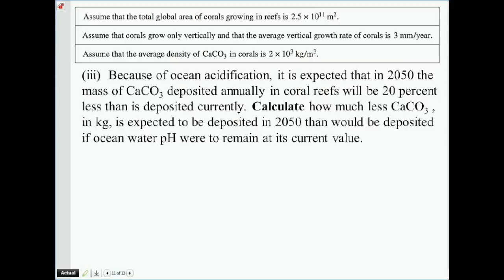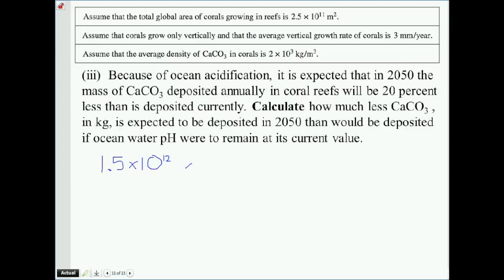And again, same thing. If you couldn't do part 2, but you know how to do this part, make up a fake answer for part 2 and make it an easy number to work with, since you're making it up anyway, and use that for part 3, and you'll get full credit as long as you do part 3 correctly.